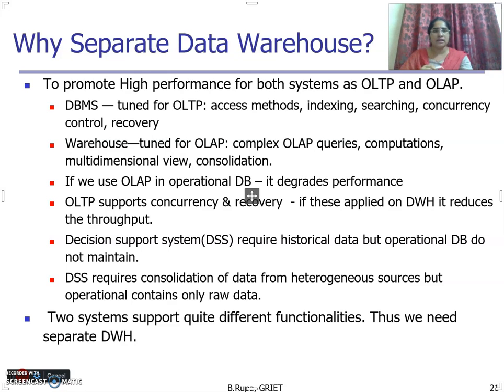If you use OLAP in an operational database management system, it will obviously degrade the performance. Why? Because OLAP supports concurrency and recovery management. If we apply this to the warehouse, it reduces the throughput of the data warehouse. Also, a decision support system requires historical data, but it is not available in the operational database.